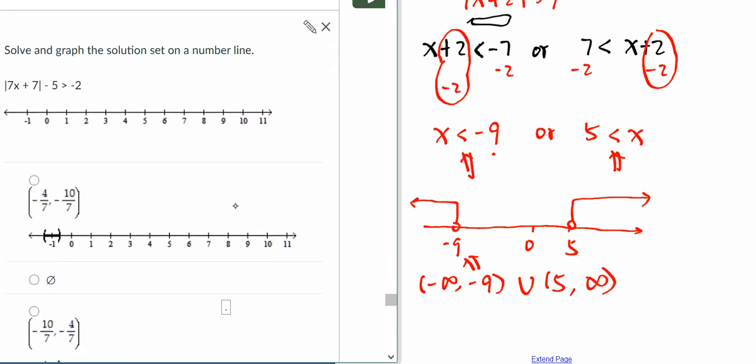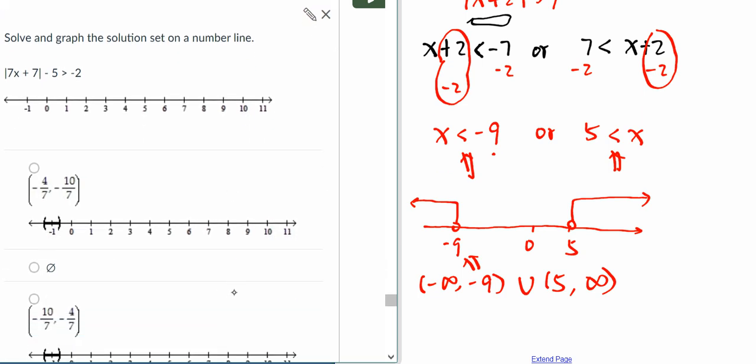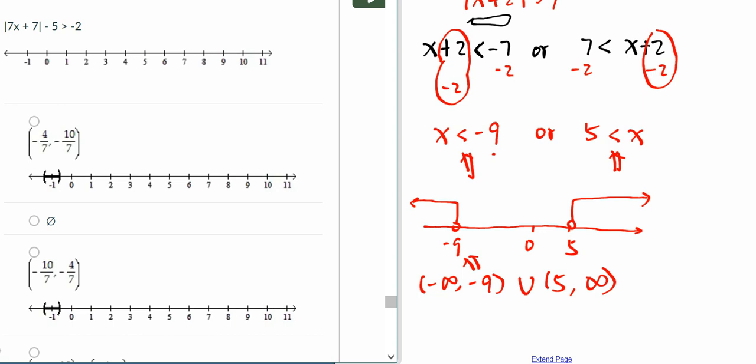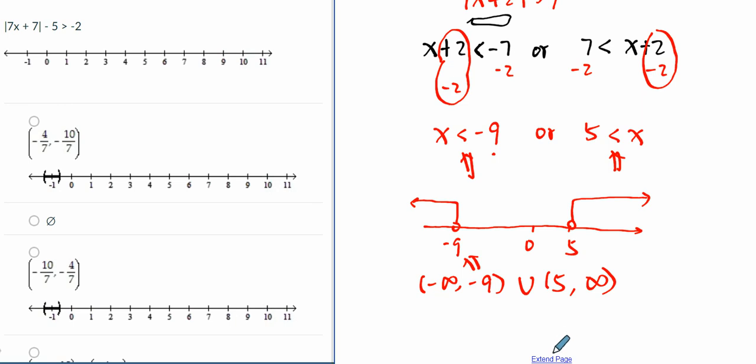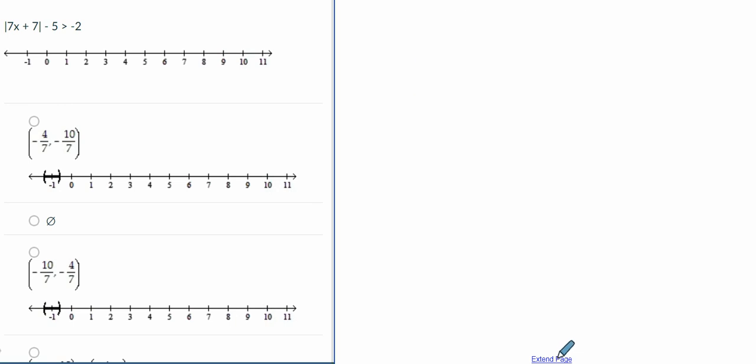How about this one? This one again takes a little bit more work. That would be our question 19.